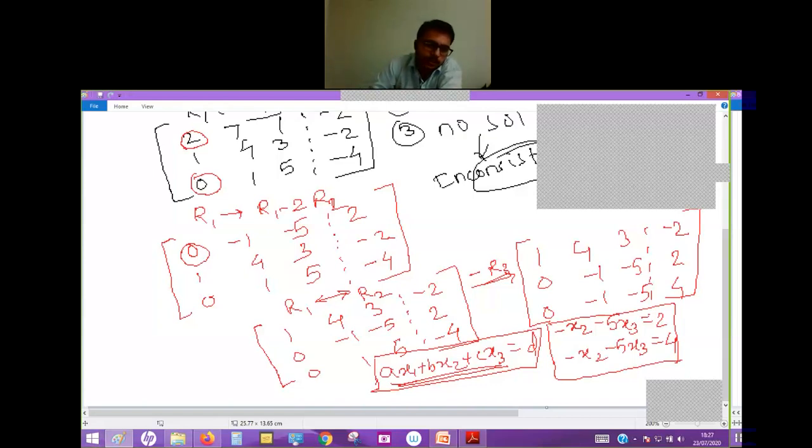Let's say roughly these two planes are there, and these two planes are parallel to each other. They are not intersecting anywhere. I am talking about 3D space, not 2D space.